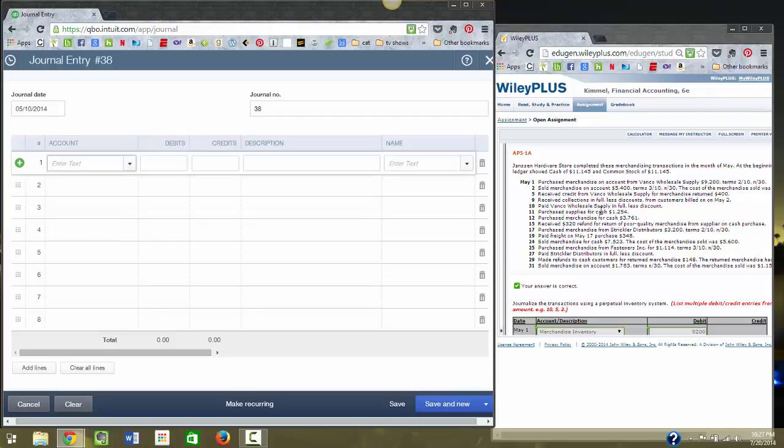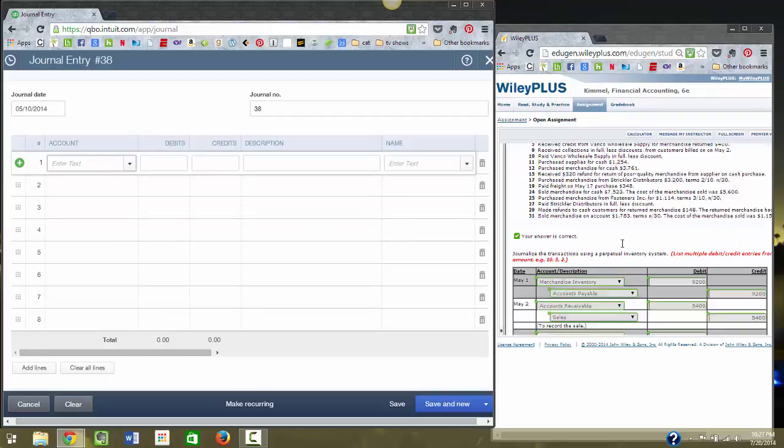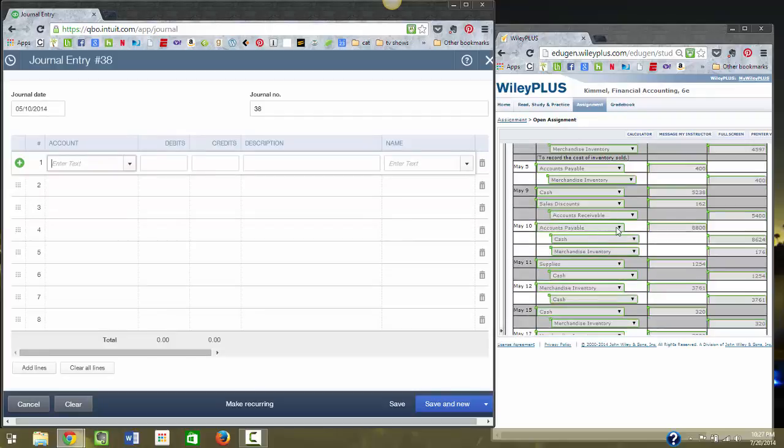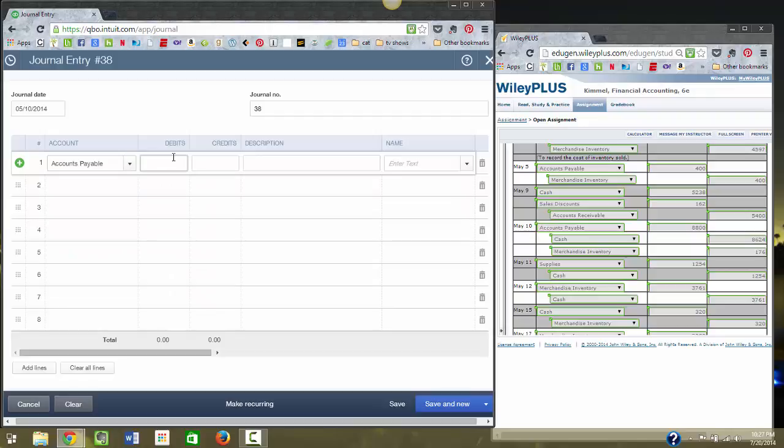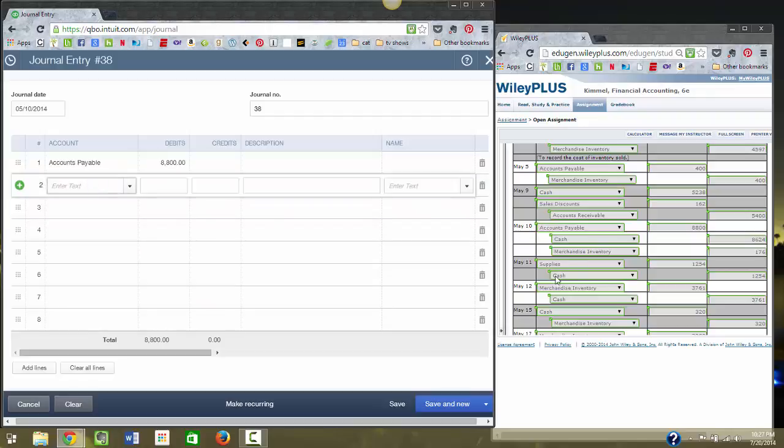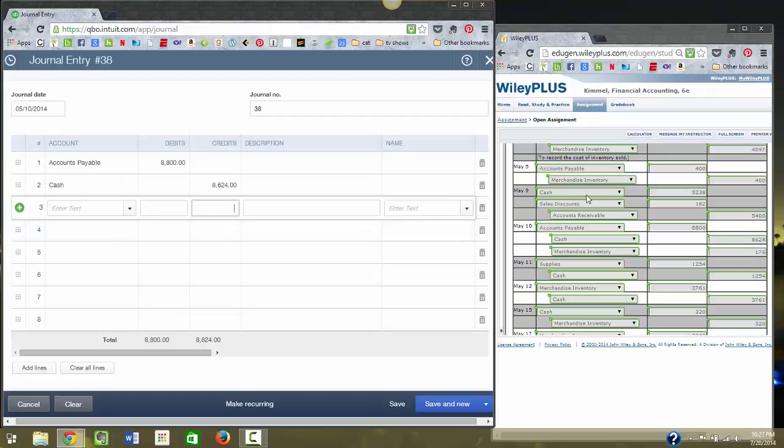Okay, paid Vanco Wholesale Supply in full, less discount. All right, so accounts payable, debit $8,800. Okay, cash $86.24. Credit, once again, since it's a multiple entry, you're going to have to undo the autocomplete there.